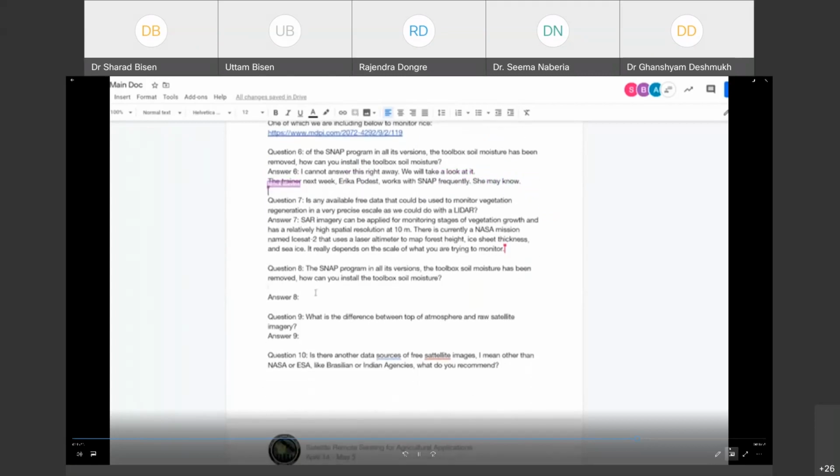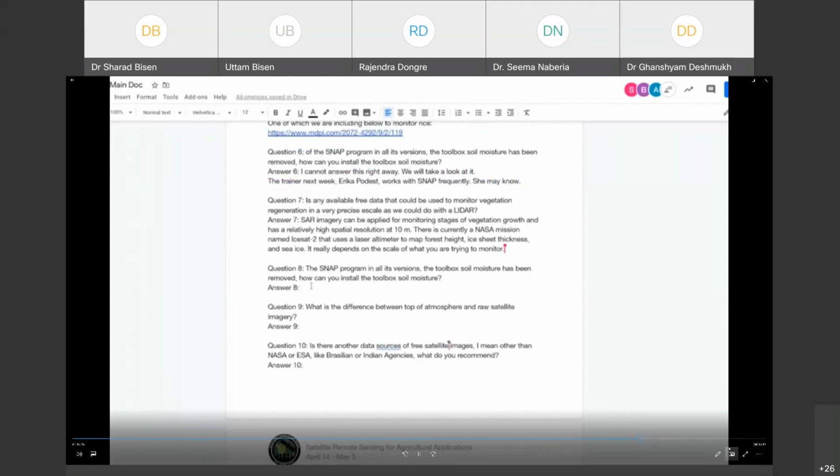So question 7, is there any available free data that could be used to monitor vegetation regeneration in a very... very valuable for monitoring vegetation growth, but it really depends at the scale in which you're intending to monitor that growth.